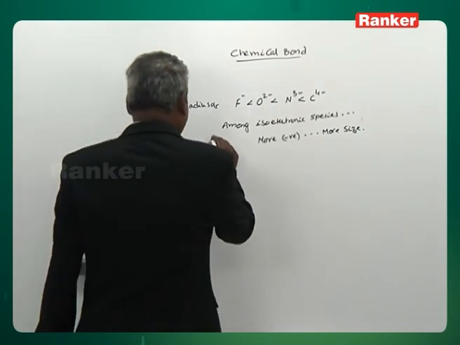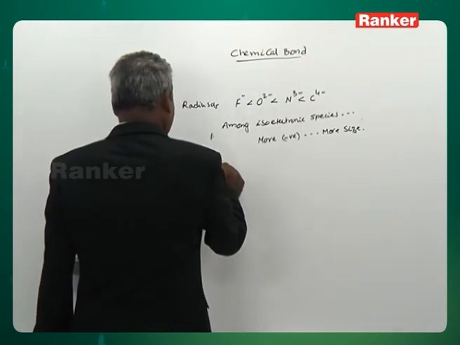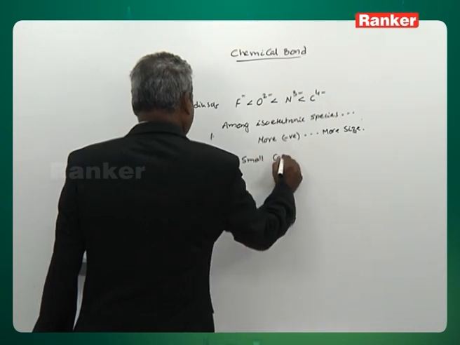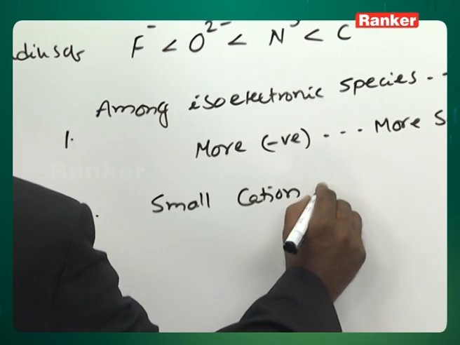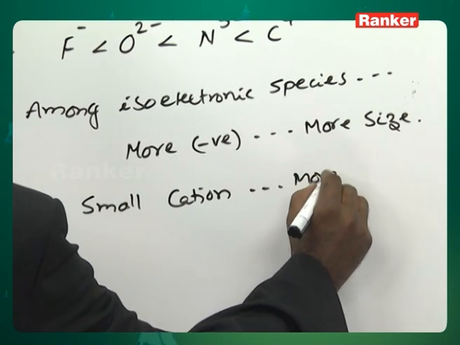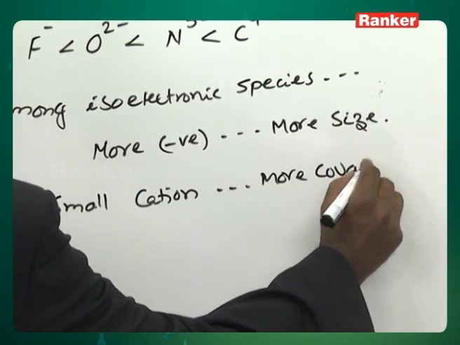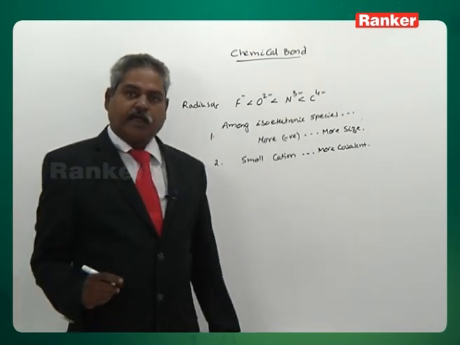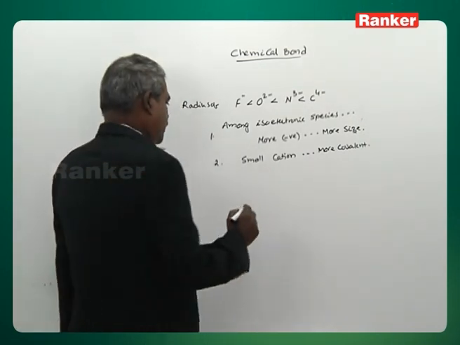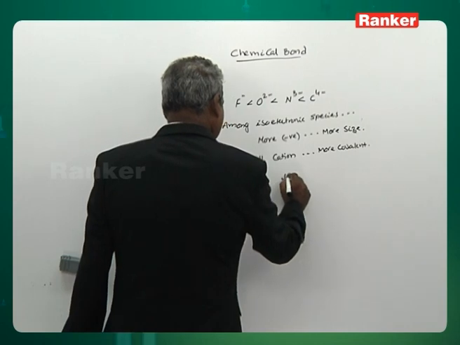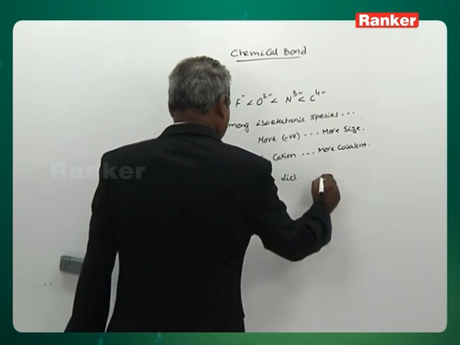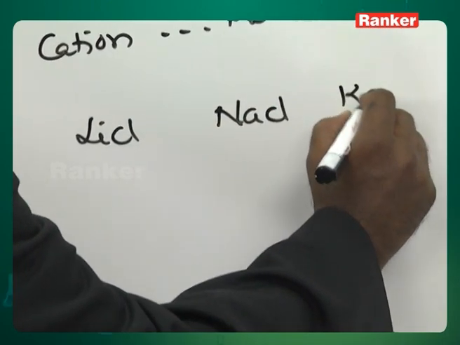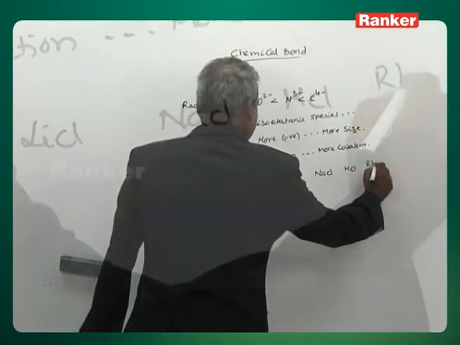And the second principle in continuation to that is small cation, more covalent. What does that mean? Suppose a compound in which the cation is small, for example, you have LiCl, NaCl, KCl, RbCl.